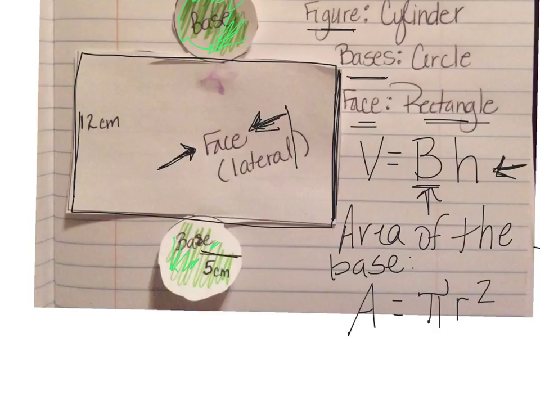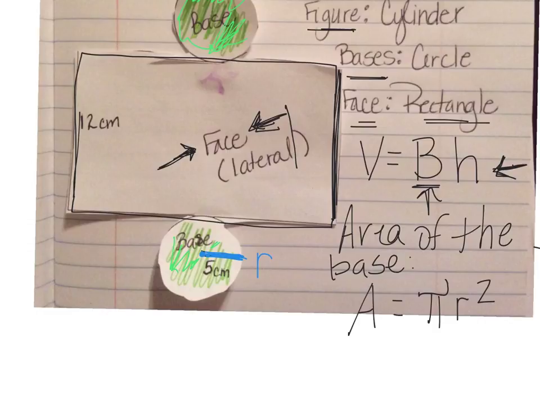Remember, over here, this is our radius. It's the distance from the center of the circle to one end. The diameter is what goes all the way across.